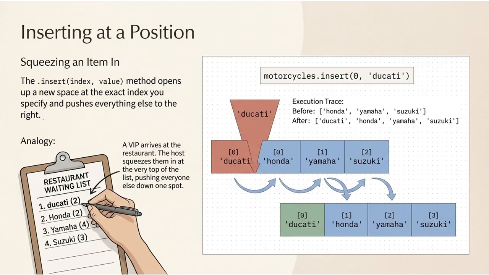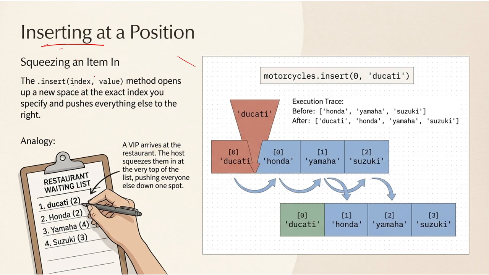Next we come to the scenario where, through append, you can only add items to the end of the list, but what if you want to insert an item at a certain position? For that we have the insert method, squeezing an item in.